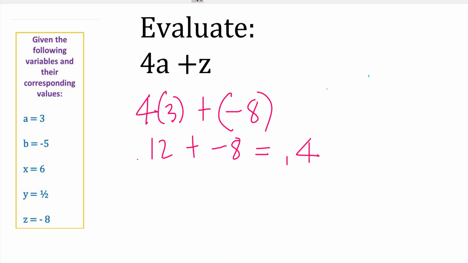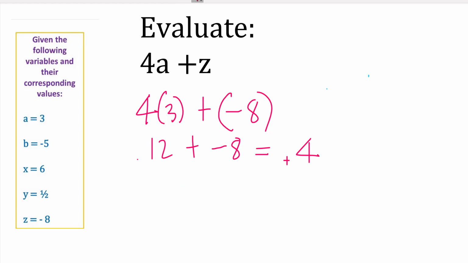Of course, it's understood to be a positive 4 because 12 has a higher value. Okay, when you add two numbers of different signs, the sign of the larger number will be used for the remainder. All right.